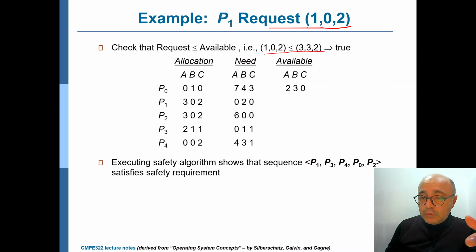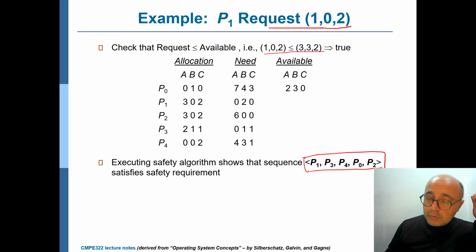And if you do that, is there a safe sequence out? I will not go over that, but if you want, you can just try it as we did before. It is possible to find at least one sequence that takes us to the completion of all processes.